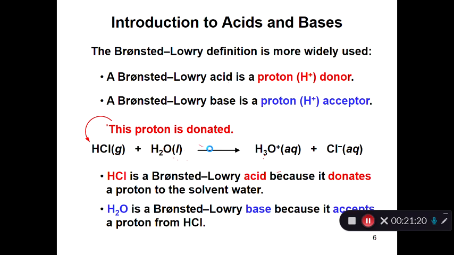Please pay attention. When we say acids and bases, we are going to talk about a reaction between reactants. Always you may find acids and bases only on the left side. Don't call this one acid, don't call this one base, or vice versa. Only acid and bases are placed on the left side.